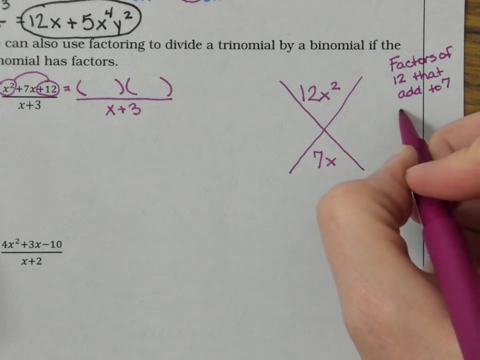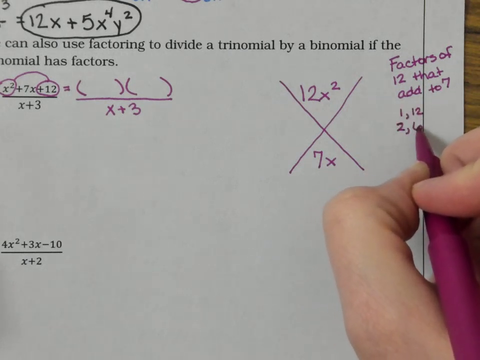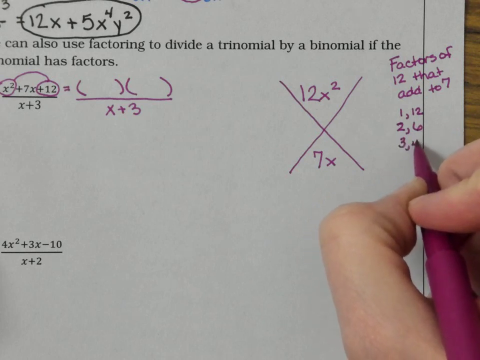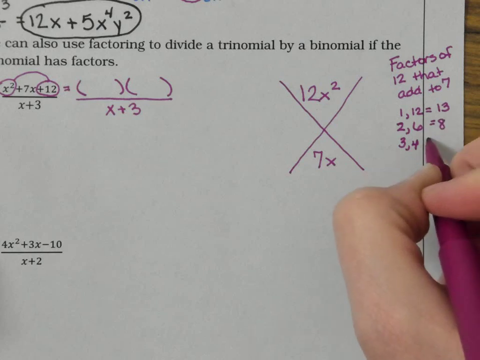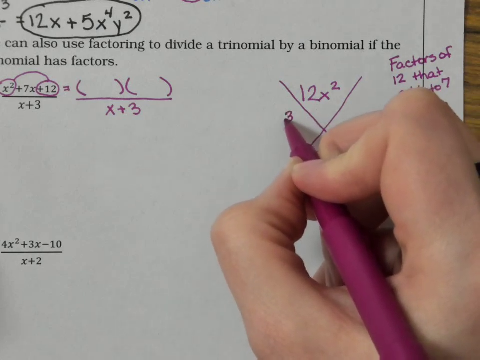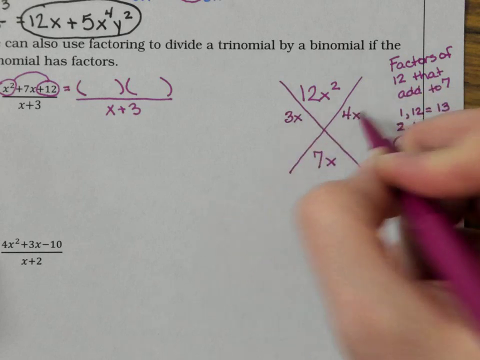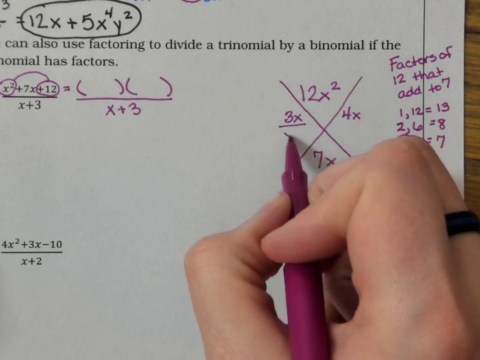My factors of 12 are 1 and 12, 2 and 6, 3 and 4. And so if I add these up, the ones that add to 7 are 3 and 4. So I have 3x and 4x. And then we divide by the first term, which is x squared.